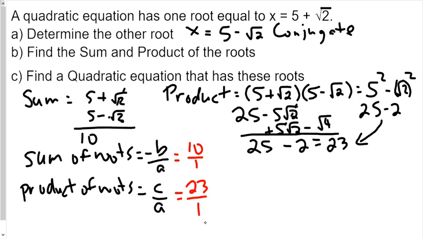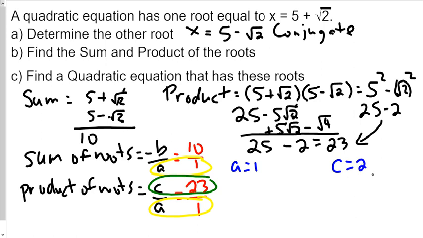Now the reason why we set it up this way is we should notice that both a values in both fractions are the same, which means we can make the statement that our a value is equal to 1, because we're just matching up things here. And then we'll also see our c value should equal 23. So we'll say c equals 23.